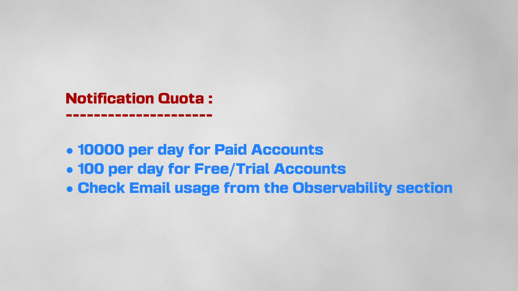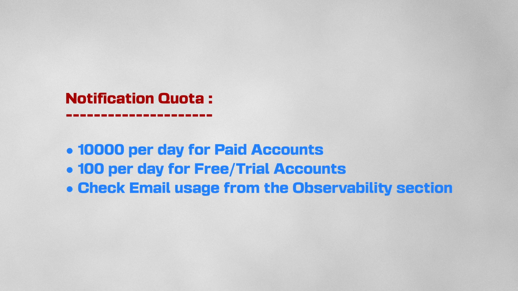Another very important thing to understand is that email notifications are quota controlled. OIC enforces a daily email notification limit per service instance. For paid instances, I think it's 10,000 emails per day, and for free accounts, it's 100 emails per day. You can monitor email usage and remaining quota from the observability section of the OIC console.